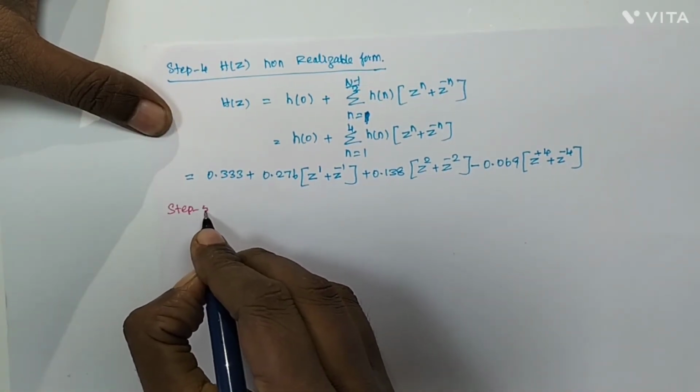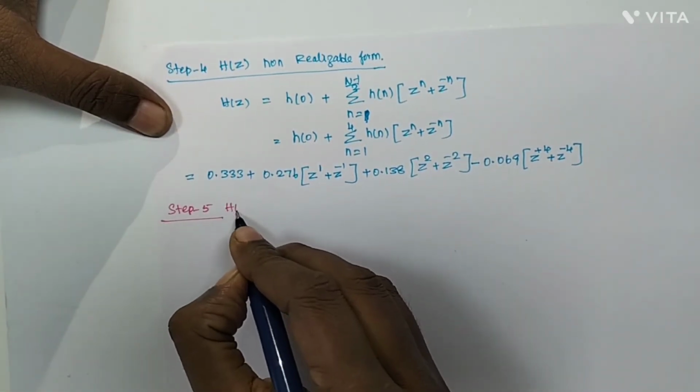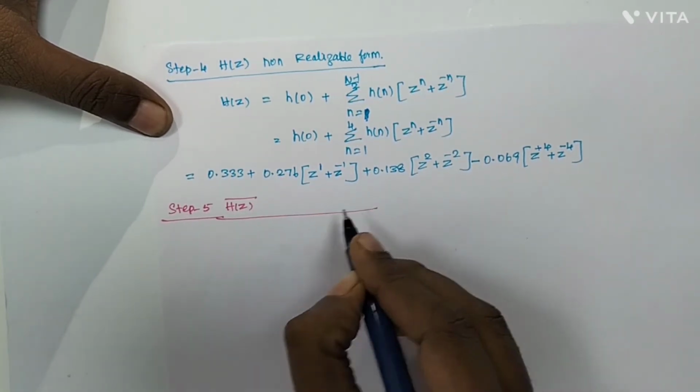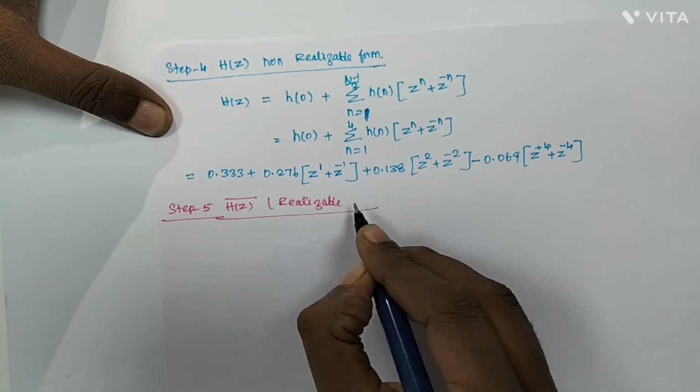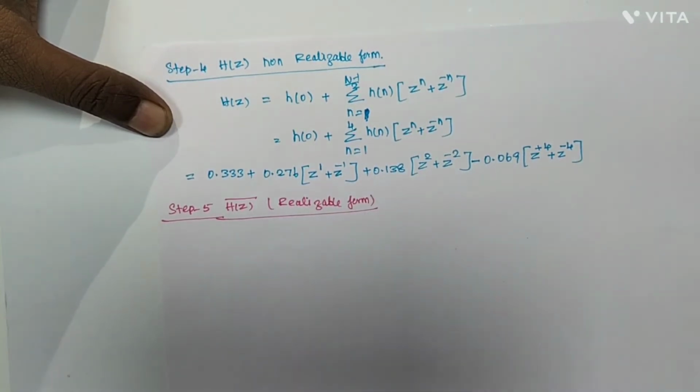Step 5 is you have to find h of z which is in realizable form. So how to convert this non-realizable form into realizable form?